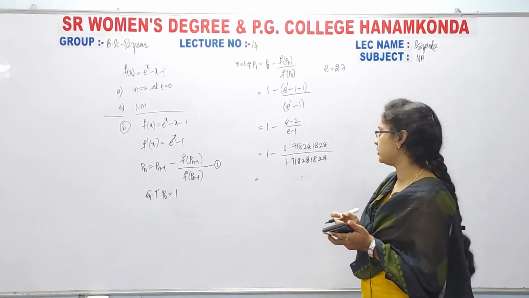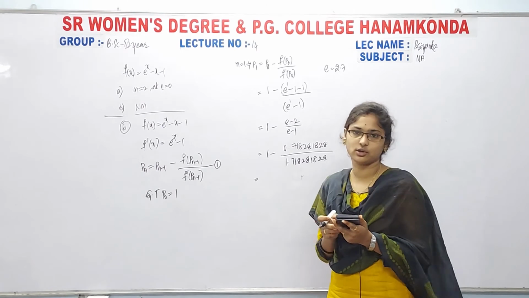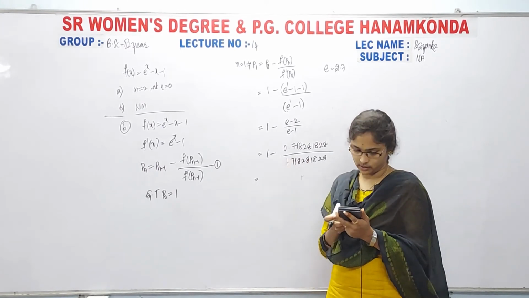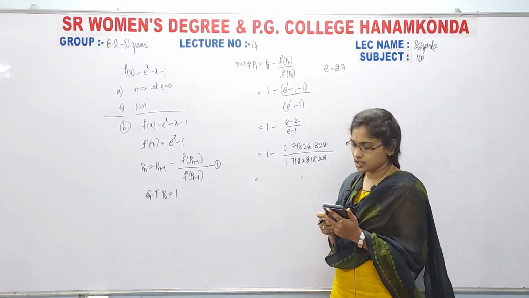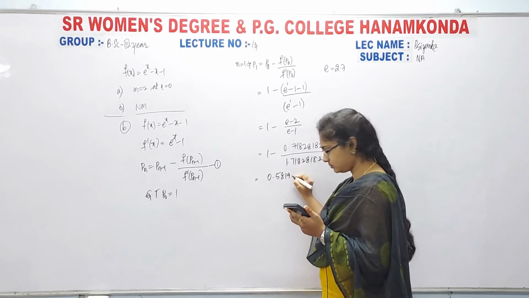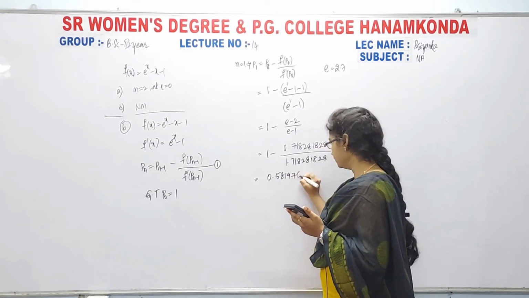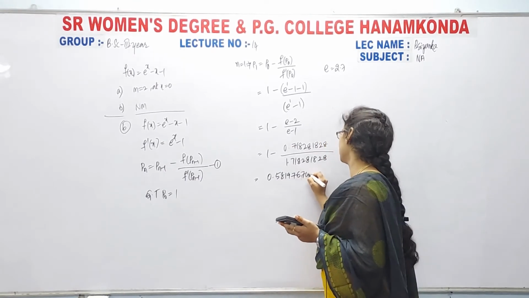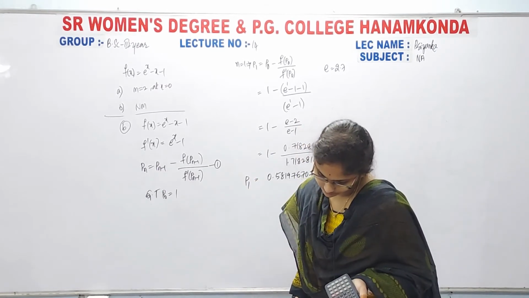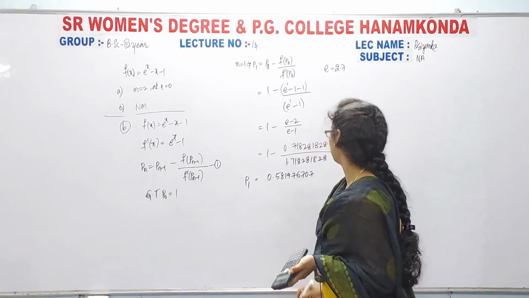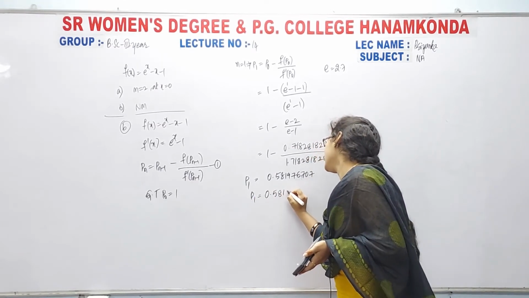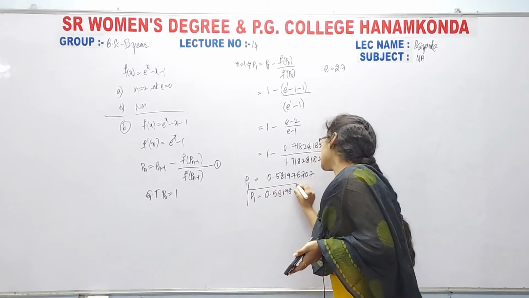Here we have some value, that is 0.4180 something. Now I am taking 1 minus of this one, so now here we have the value 0.58. This is the value of P1. Therefore P1 is 0.58198.